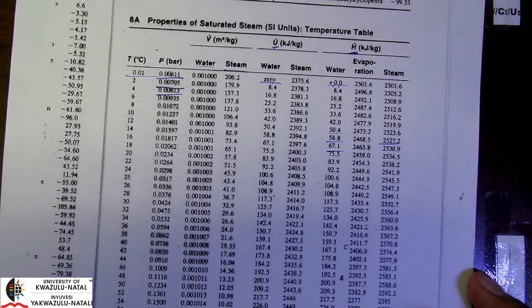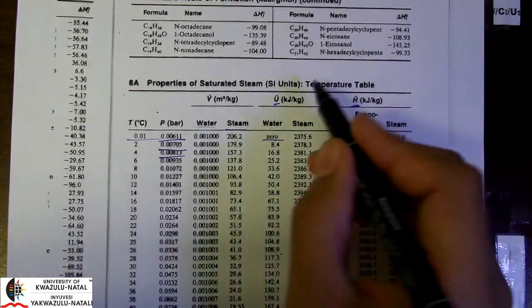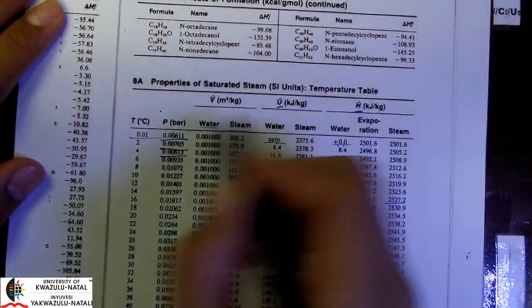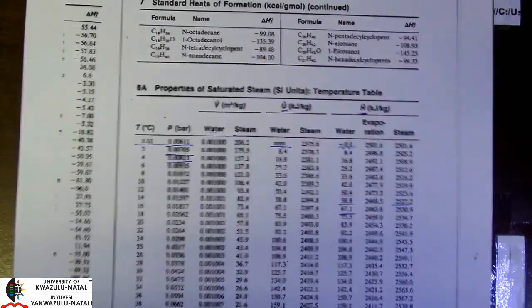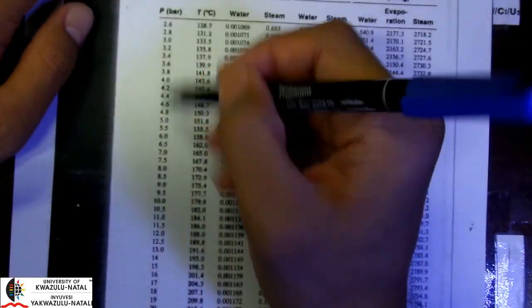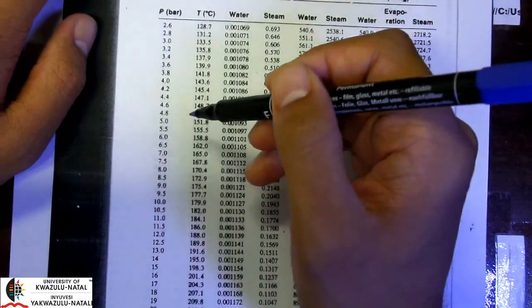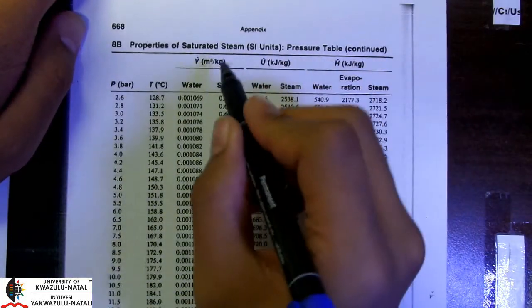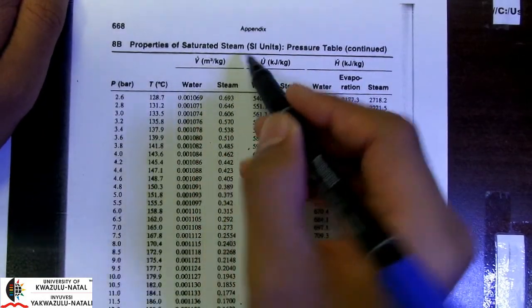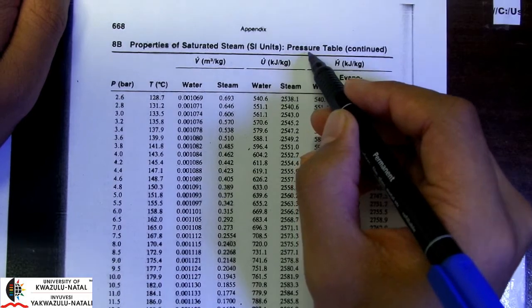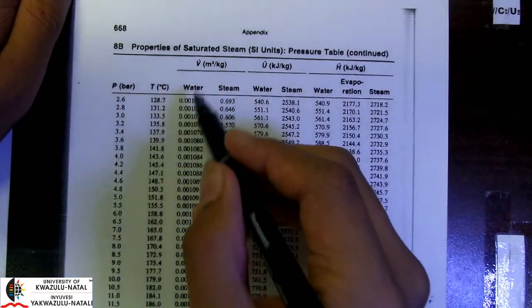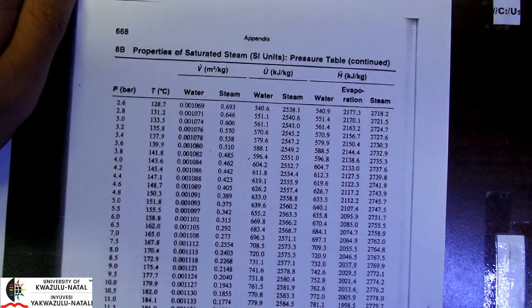So that's our saturated table, and it is expressed in terms of temperature here. We can also express it in terms of pressure. So if we have our pressure, we can find our saturated temperature. So this is a saturated steam table. This is the pressure table. And it's providing, of course, the same values.